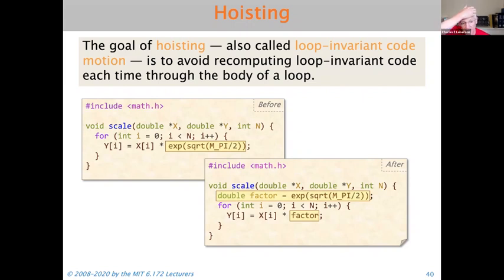There is one time where you don't want to pull things out of loops that compilers sometimes have a hard time dealing with, which is when you expect the loop to execute 0 times. This is often the case for error checking. You will do a calculation, and then it'll return an error code.